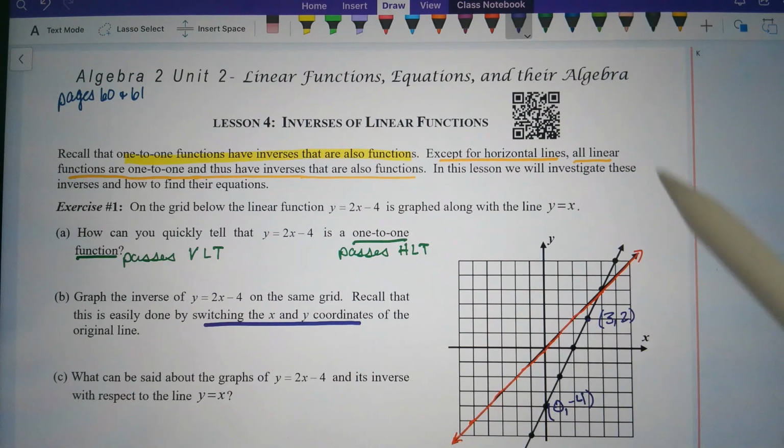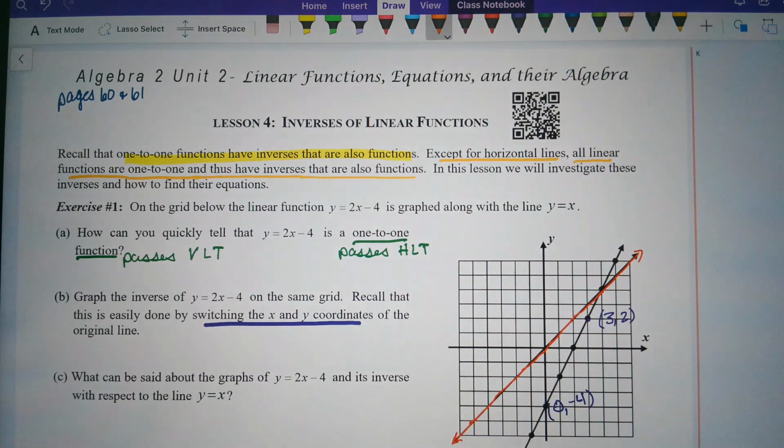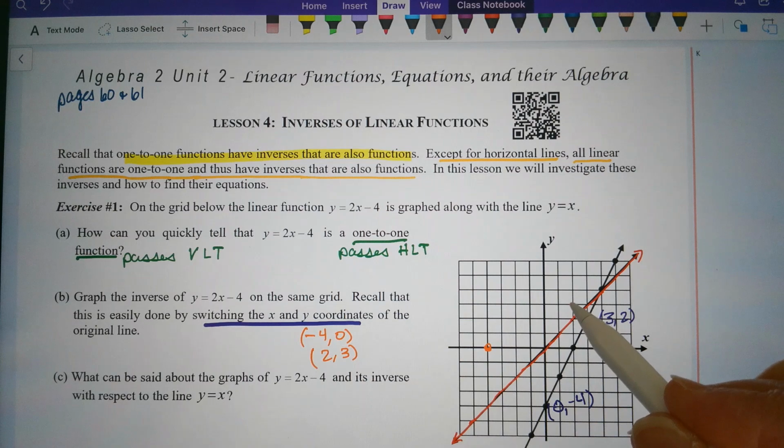So I switch these x and y coordinates. So (0, -4) switches to (-4, 0). Plot that point, (-4, 0): 1, 2, 3, 4. And (3, 2) switches to (2, 3). Plotting that, (2, 3).